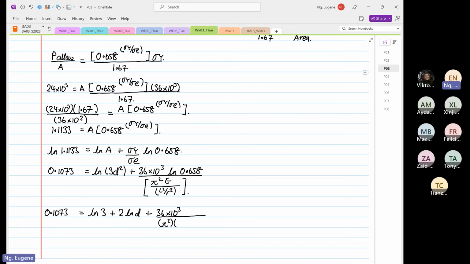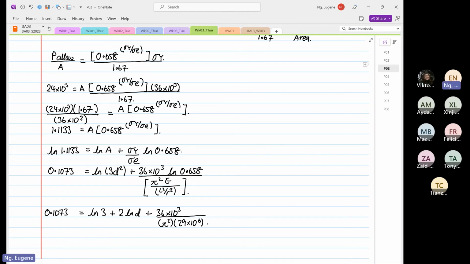Young's modulus is equal to 39 times 10 to the power 6.